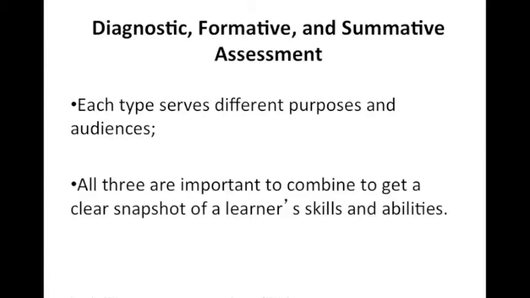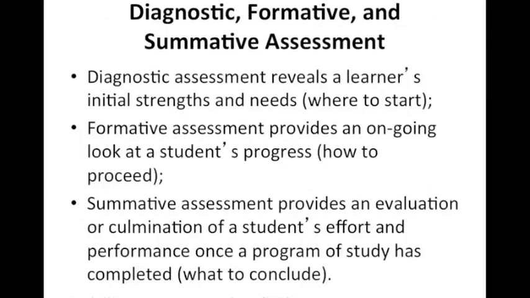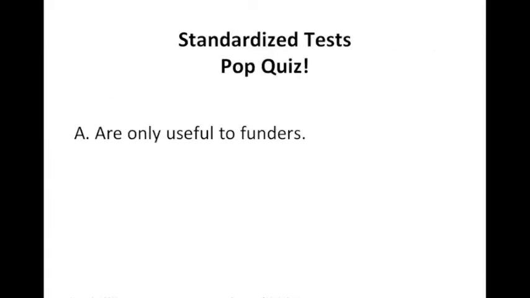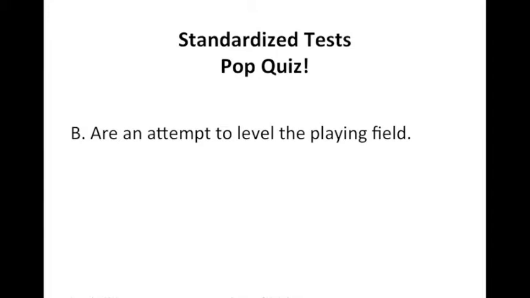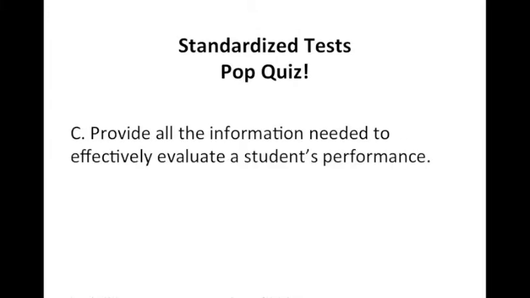Here. The second bulleted point: you really do need all three types of assessment, diagnostic, formative, and summative, combined to get an entire picture of a learner's skills and abilities. So this one, provide all the information needed, is also actually not correct.